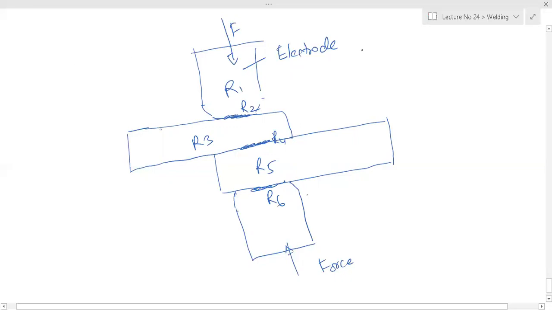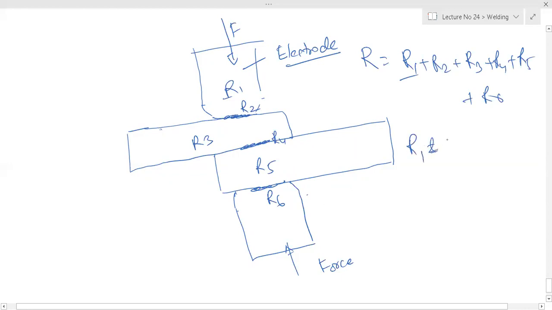Total resistance is R1 plus R2 plus R3 plus R4 plus R5 plus R6. What is R1? R1 is your electrode resistance. R1 and R6 are electrode resistance, right? And this R2 is your electrode workpiece contact resistance.